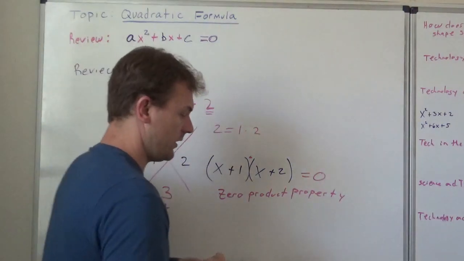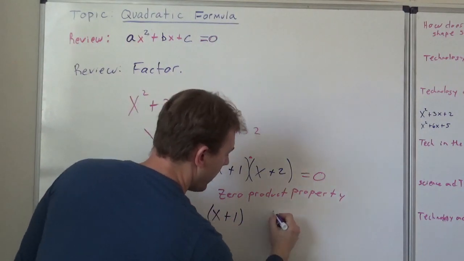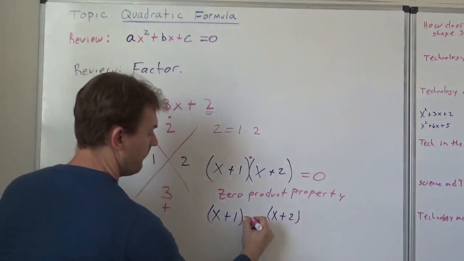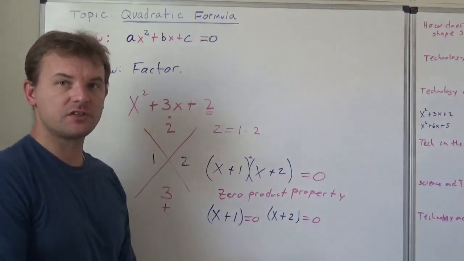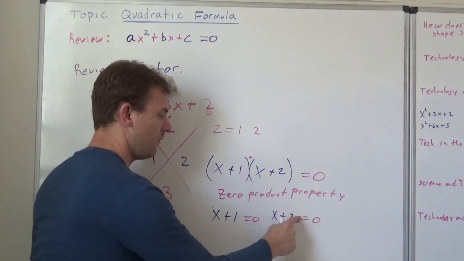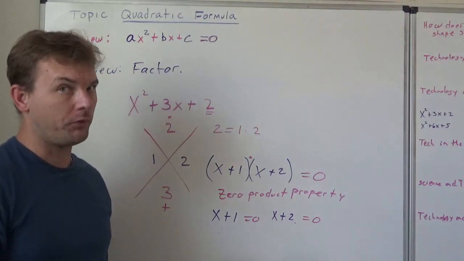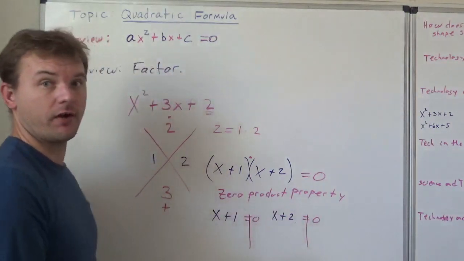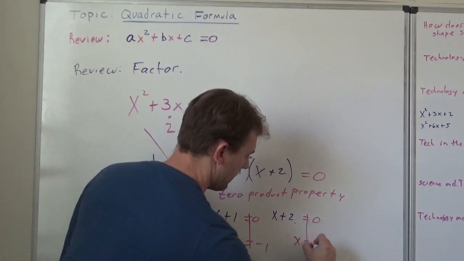So this first one is going to be x plus 1 and x plus 2 equals 0. Do you remember how to solve for 0? Well, one thing, you could take the parentheses away and now solve for x. Hope you know how to do that. A lot of students, they do this, right? And then they solve for x, right? So you have x equals -1, x equals -2.